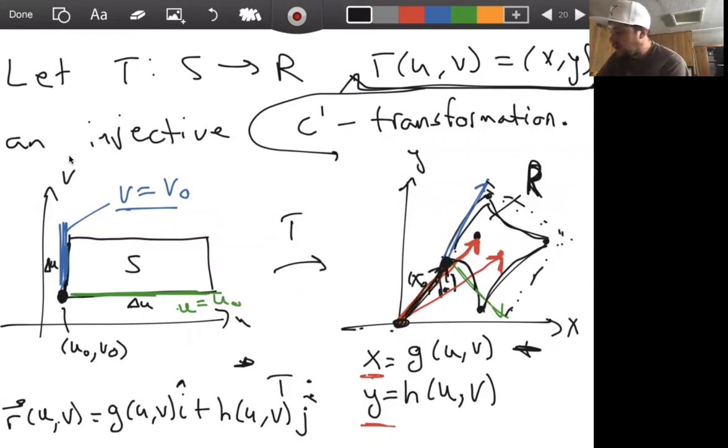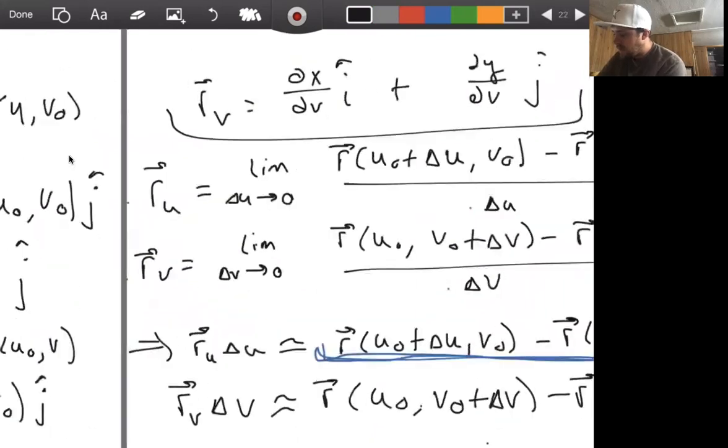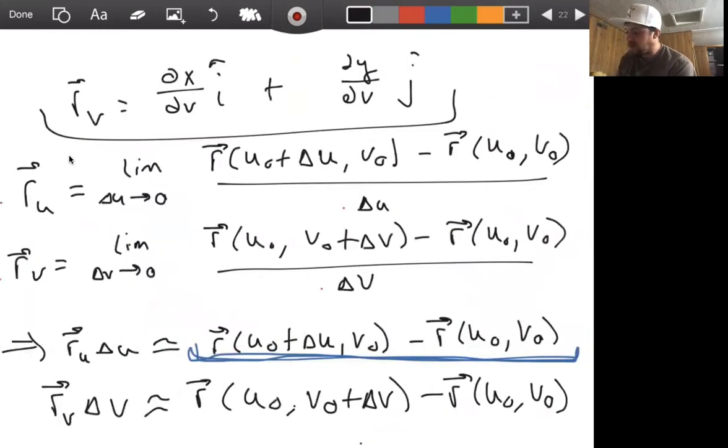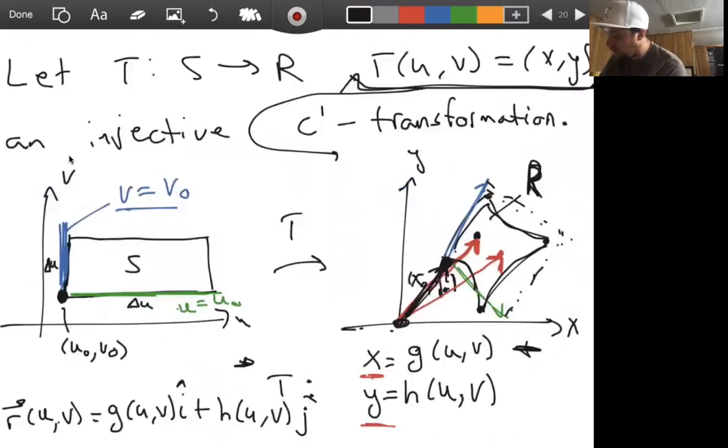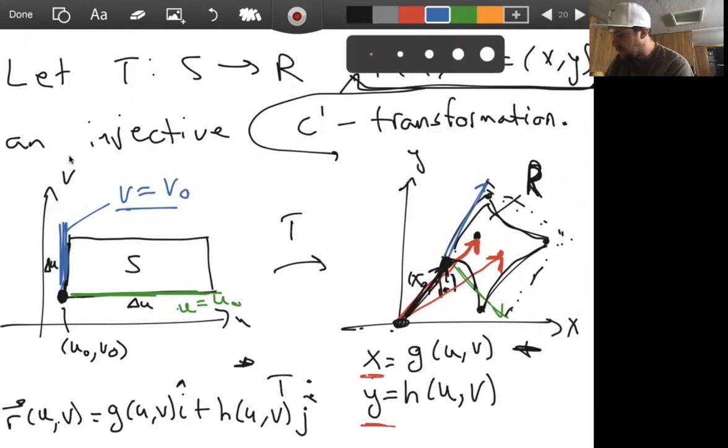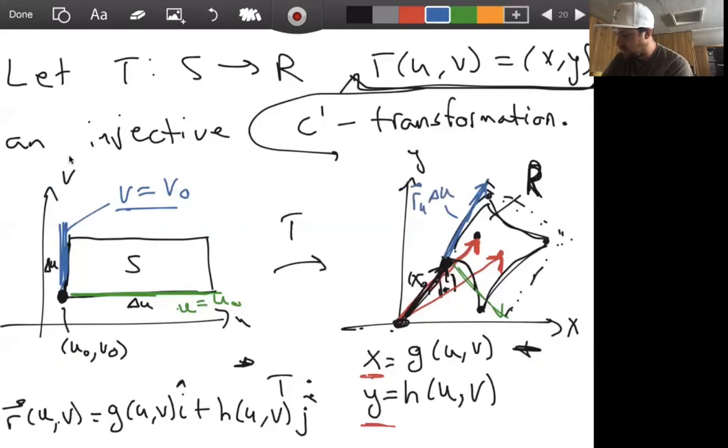And so what we're saying is that this difference, so what is r of u naught plus delta u, v naught? Well, that's going to be a small change in the u direction and no change in the v direction, right? Which can get you something like this. We'll say this is r sub u delta u, right? Because these are approximately the same.